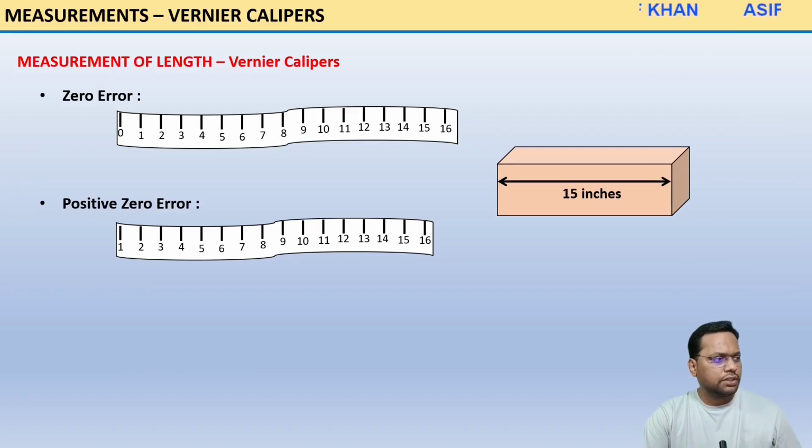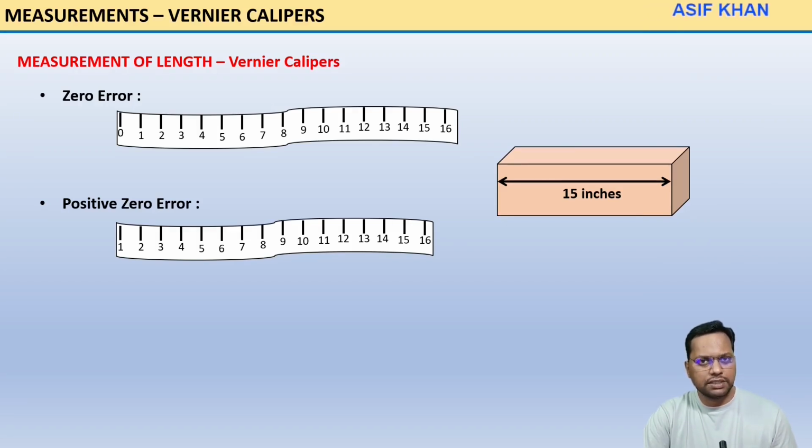Now, if you use this tape for measuring the length of the same box, it will show 16 inches instead of 15 inches. The reason is the zero of the measuring tape has shifted forward by 1 inch. Therefore, the reading measured using this tape will also be forward by 1 inch. Therefore, the reading observed will be 16 inches.